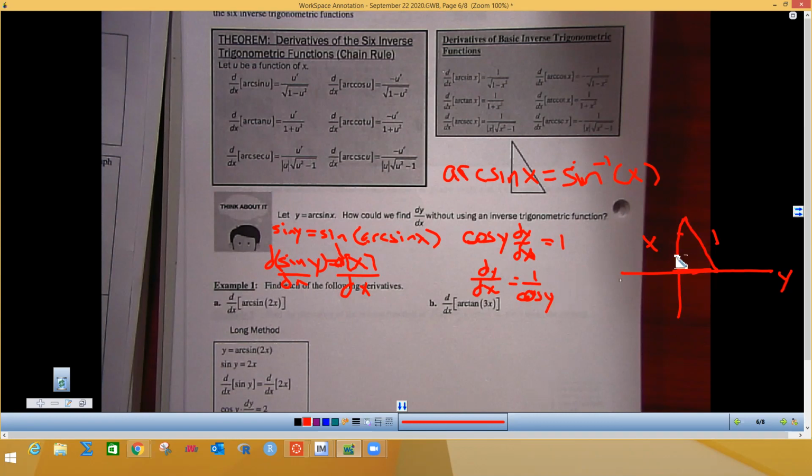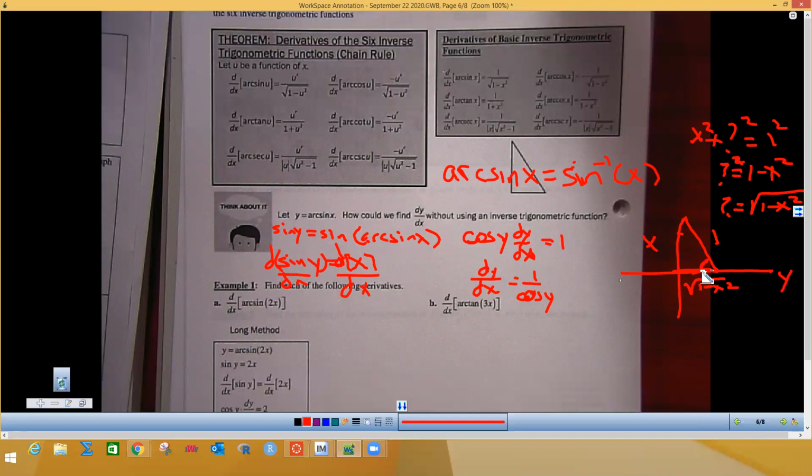This distance is the x, and from the Pythagorean theorem, this thing down here is the square root of 1 minus x squared, and that comes from x squared plus question mark squared equals 1 squared. So this is the question mark. So you subtract x squared over, and you get question mark squared equals 1 minus x squared. And then when you square root it, the question mark is positive or negative square root of 1 minus x squared. But this value is positive going right from the origin. That's why it's this. And so we are talking about this angle right here.